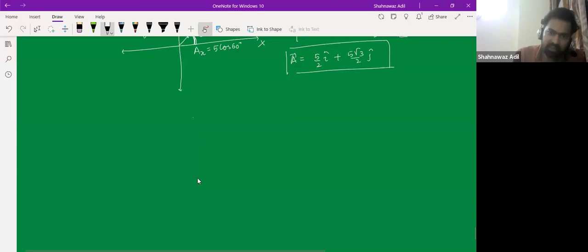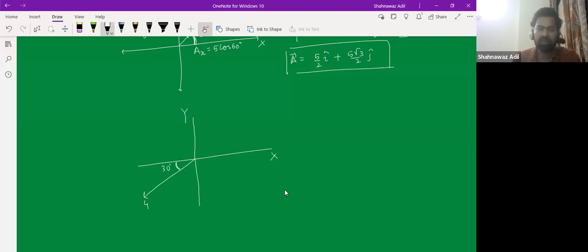I have this vector, and from the x-axis it is making, let's say, 30 degrees. This is again 4 Newton force. This is the x and this is the y-axis. Tell me what would be the vector.